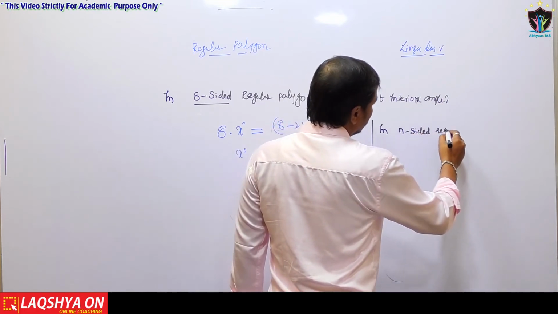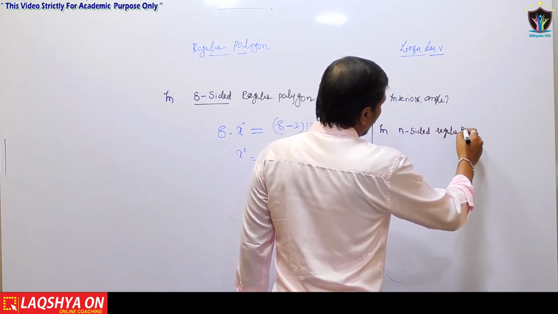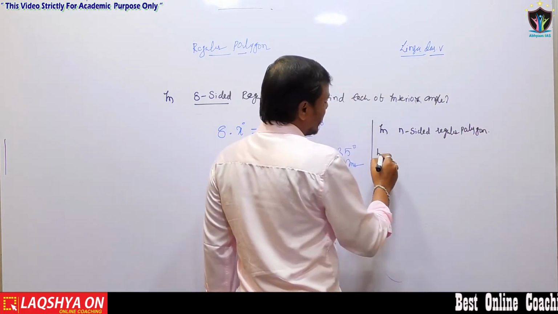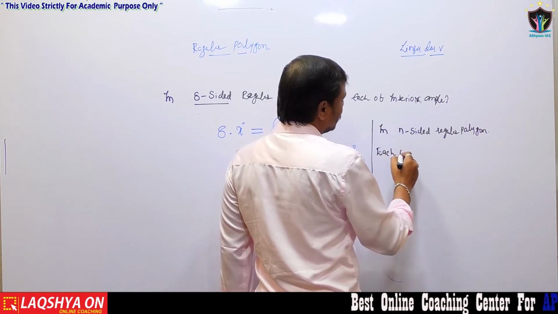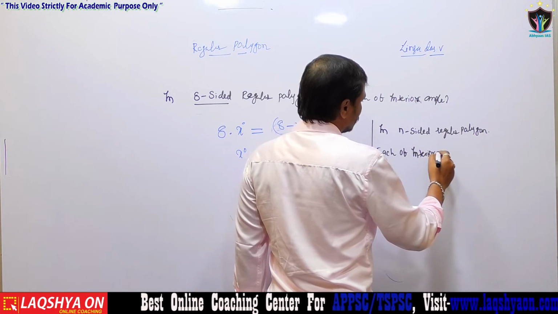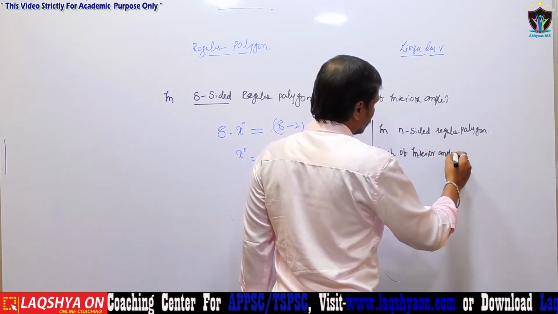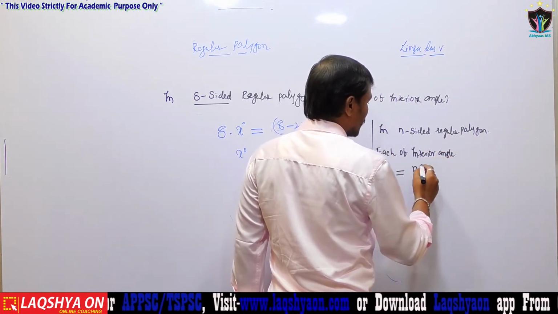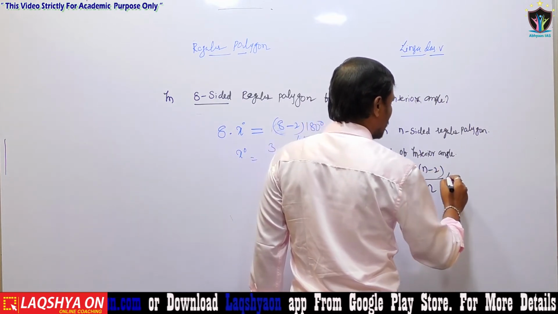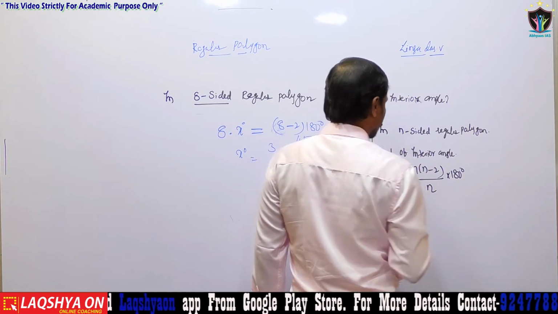So in an n-sided regular polygon, each interior angle is n minus 2 by n into 180 degrees.